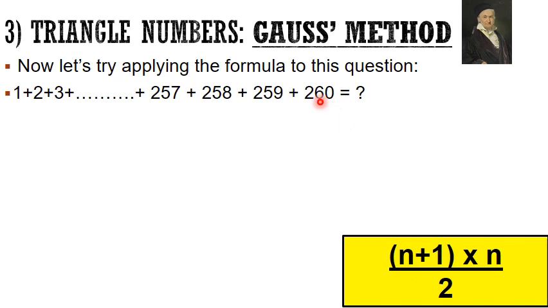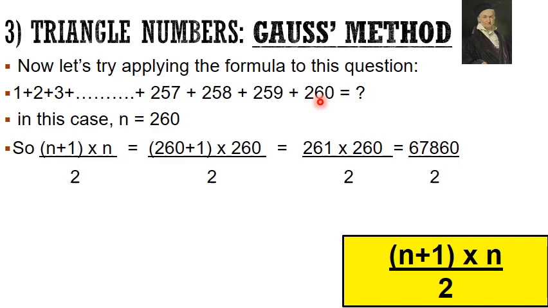So we apply n equals 260 in our formula: 260 plus 1, times 260, then divide by 2. My answer will be 33,930. So just by remembering and understanding this formula, you will be able to solve triangular number questions quite quickly.